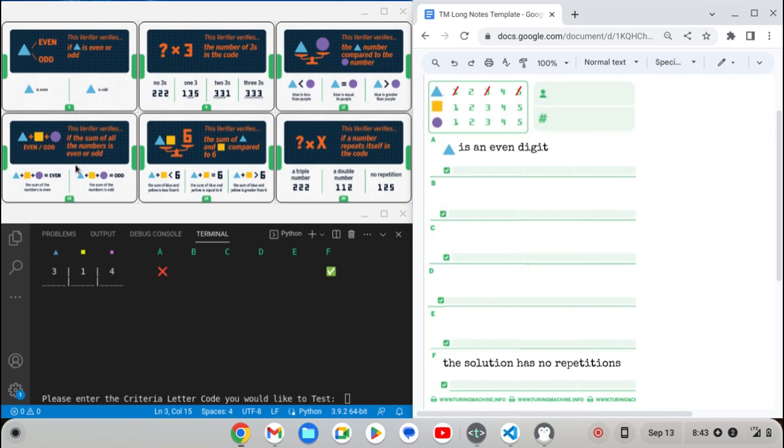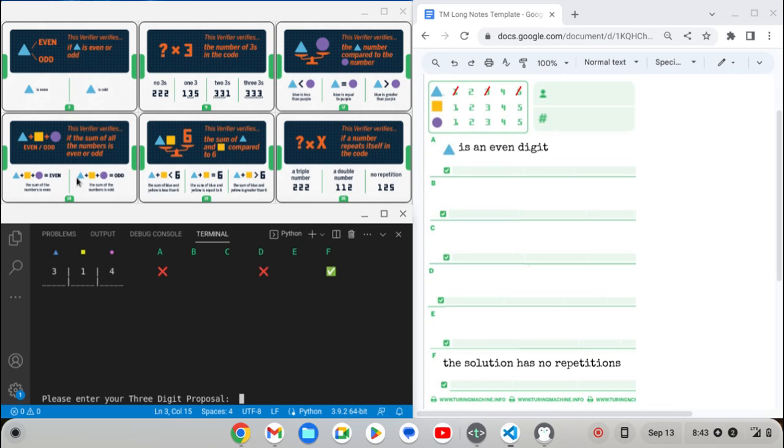Okay, and let's go ahead and test criteria card D. Okay, so again, the Turing machine does not approve of my proposal for criteria card D. Notice that we are adding all of the 3 digits, so let's go ahead and add up 3 and 1 is 4, and 4 plus 4 is 8. That is an even quantity, but because the Turing machine disapproves of it, it's letting me know that actually the sum of the 3 digits should be odd.